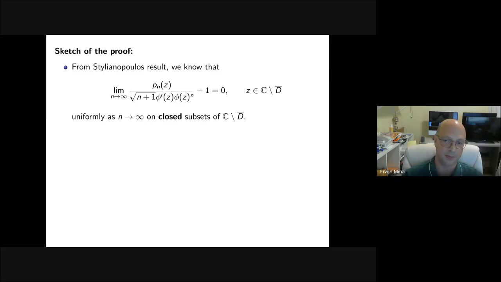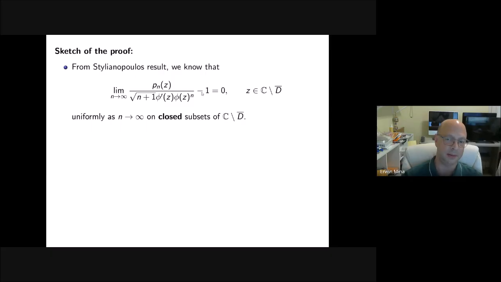So first of all, we can write a strong asymptotic formula outside the closure of the domain in this way. You take Pn, you divide it by the square root of n plus 1, by the derivative of the exterior map and the nth power of the exterior map, and we know that converges to 1. So we write this quotient minus 1 converges to 0. That's what we know outside the domain, and this is the result by Stylianopoulos.